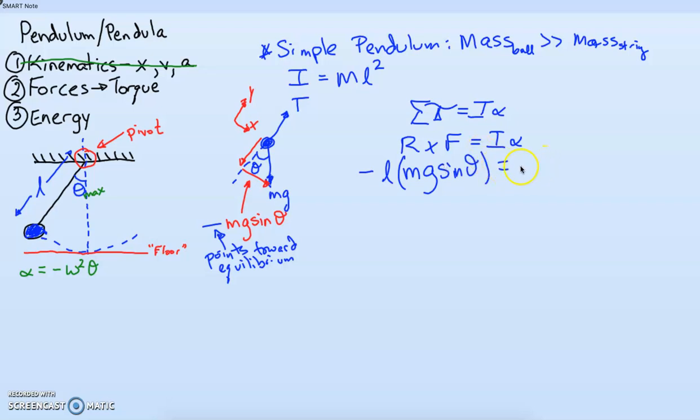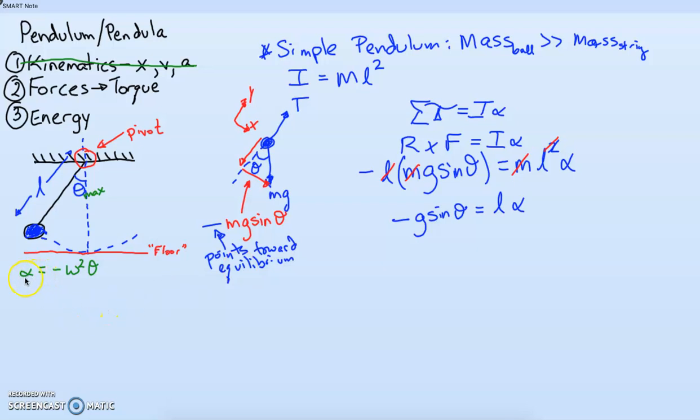And on the other side, for a simple pendulum, this is ml squared, so we will have ml squared, and then alpha. Now, we can cancel a few things out here. We can cancel out one of those L's, and an M and an M and an L. And that leaves us with minus g sine theta equals L alpha.